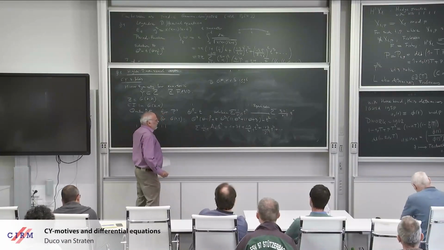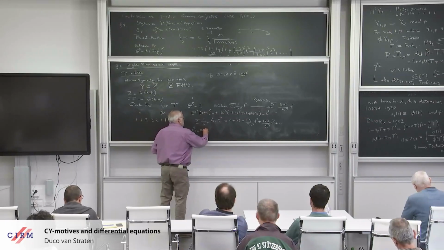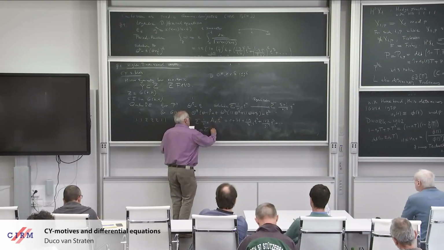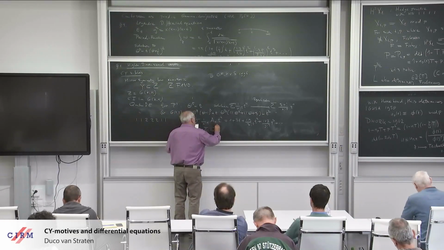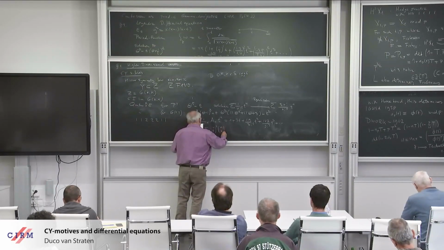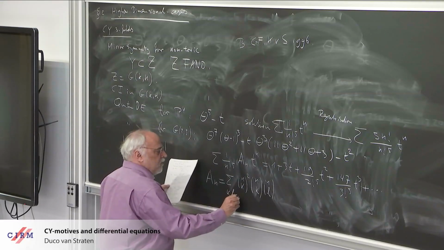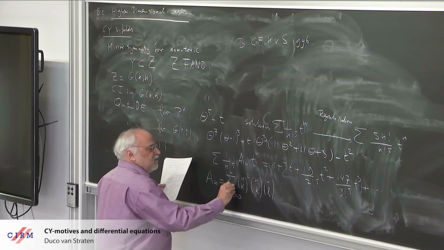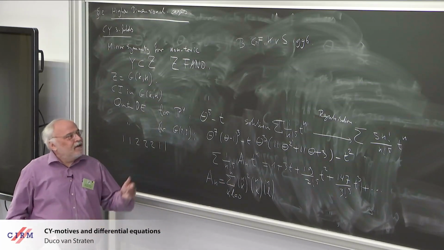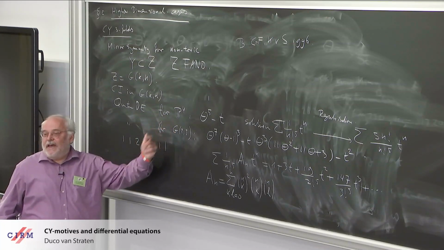And in fact, you can give a closed formula for a_n, and we found the formula as a binomial sum. And we, in fact, find a similar formula for all G(k,n).